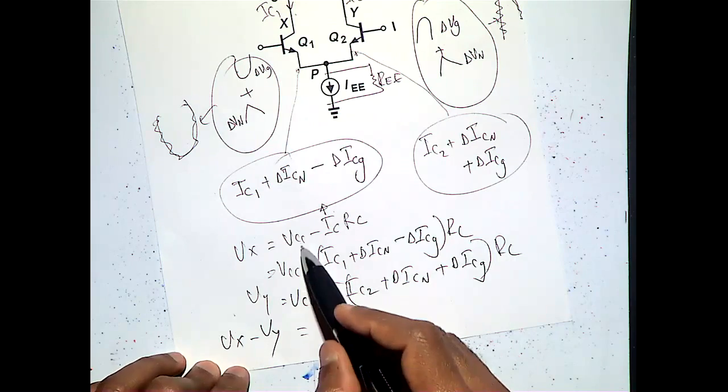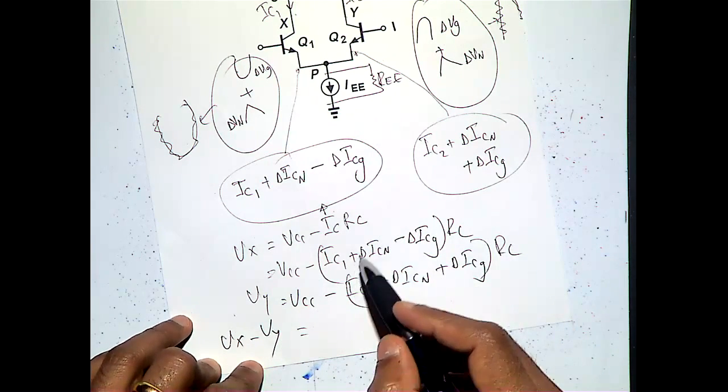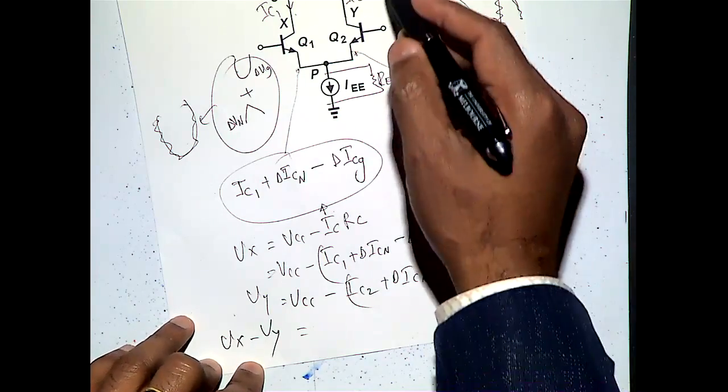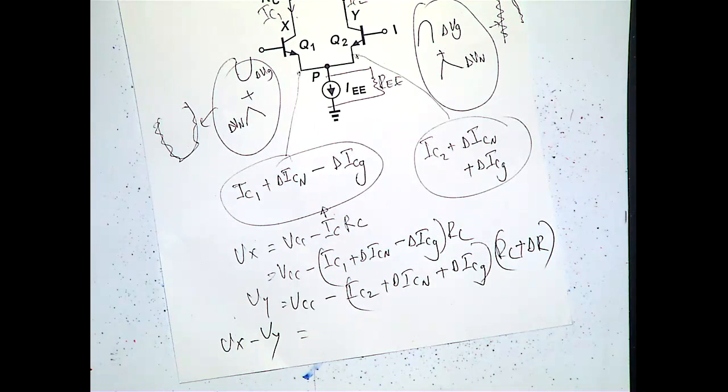VCC anyway will cancel out. Then what will happen? Sorry, RC plus delta R, because I forgot that one. So now Vx equals VCC minus IC1, your DC bias, plus delta ICN minus delta ICG, into RC. Vy is VCC minus IC2 plus delta ICN plus delta ICG, into RC plus delta R.